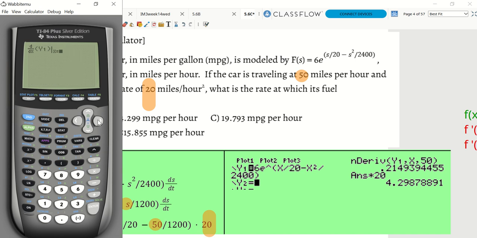I want to evaluate this at x equals 50, because I'm plugging in 50 for the x in this case. Let's see if I did that right.